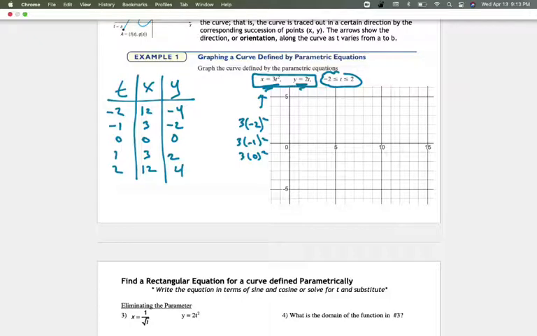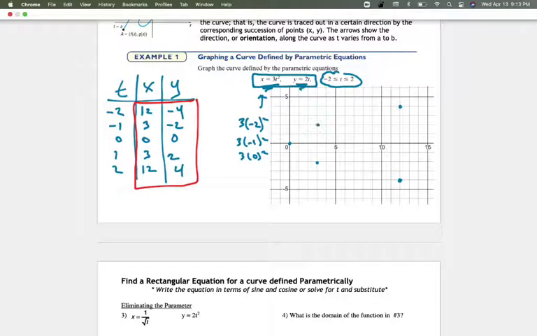Now what you're going to do is graph these x and y's that you got. So over here, we're going to graph (12, -4), (3, -2), (0, 0), (3, 2), and (12, 4).